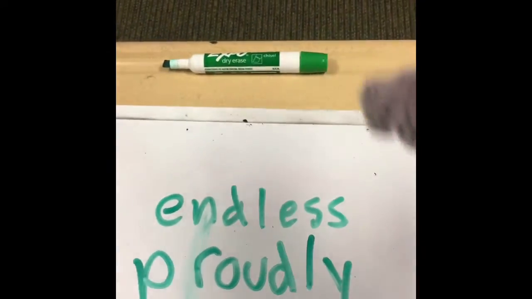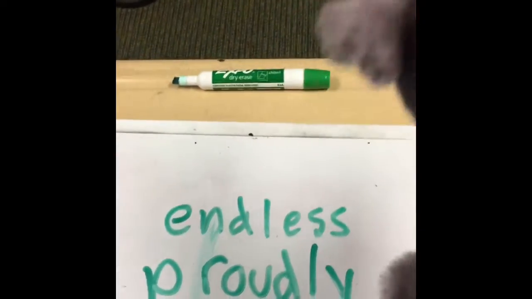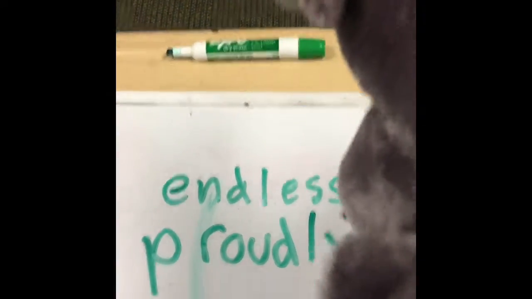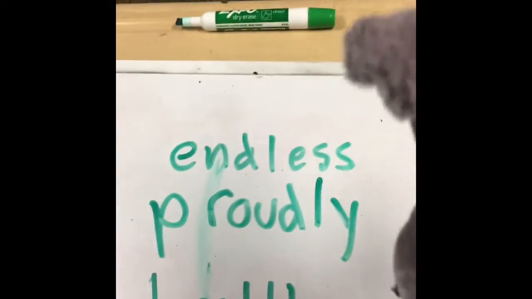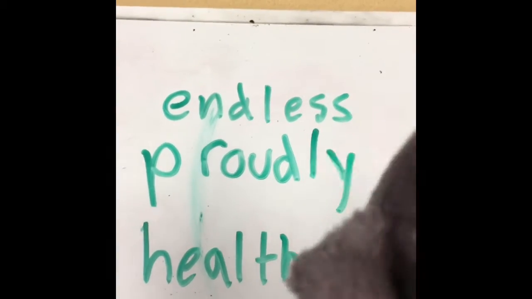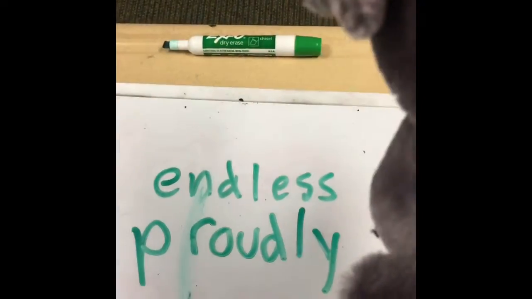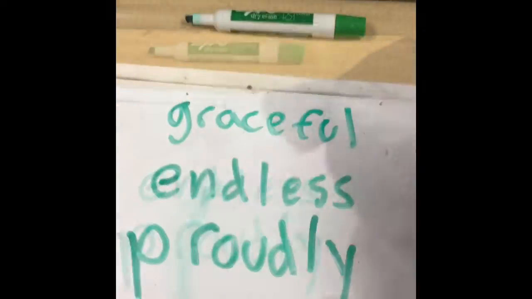Less means without. So when I say something is endless, that means it has no end. So let's recap. The suffix ly means in a certain way, the y in healthy means full of, and less means without. So, let's look at some more suffixes.